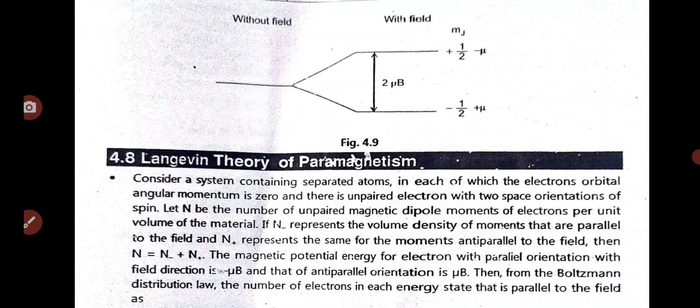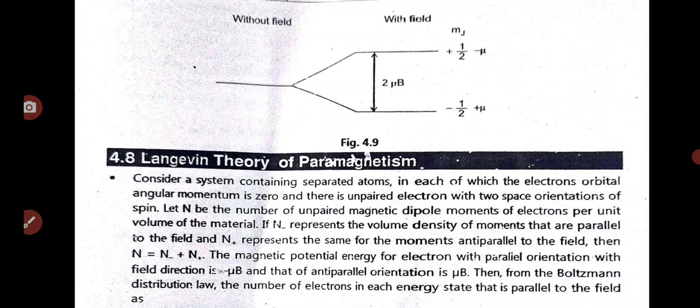So let us consider that N is the unpaired dipole magnetic moment of electrons per unit volume. Here N is equal to N minus and N plus, where N plus represents the same moment anti-parallel to the field.